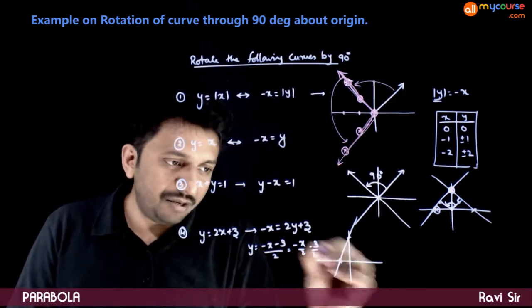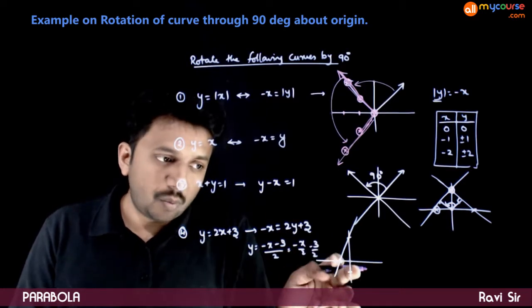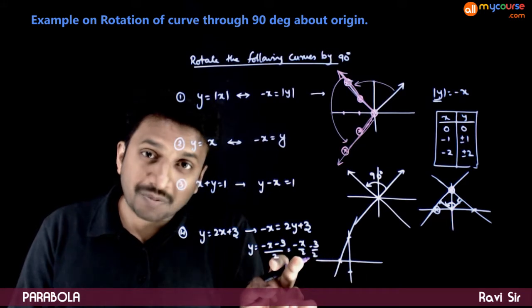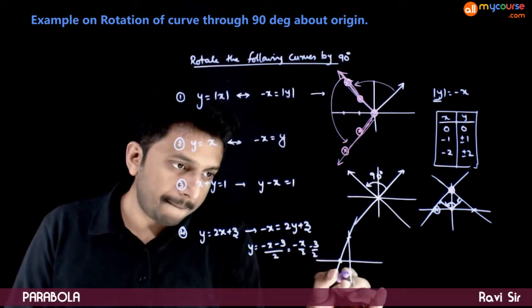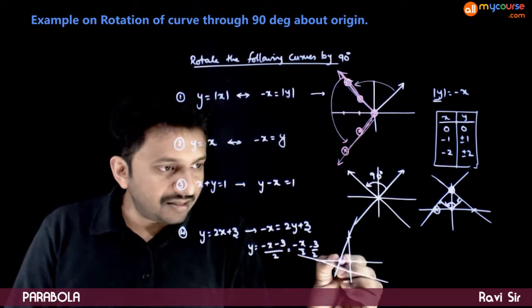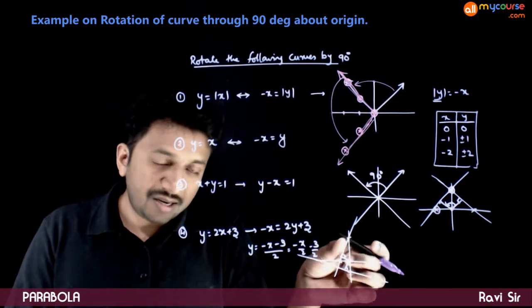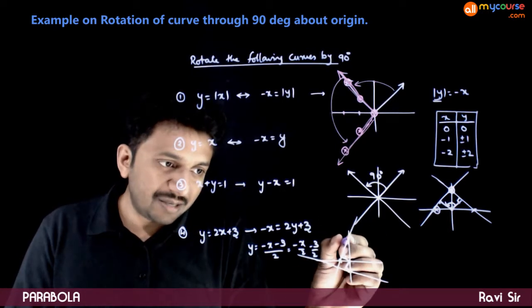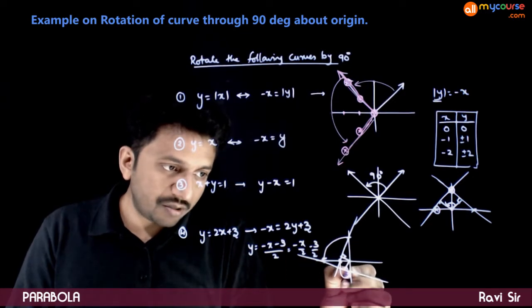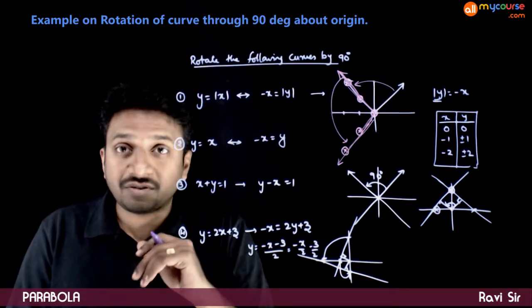So this time the y-intercept is minus 3 by 2 and the slope is minus half. The line is like this. So you can see that the axle has been rotated through 90 degrees. This x-intercept, this y-intercept has gone here. This intercept has gone here. So I hope you understand this transformation.